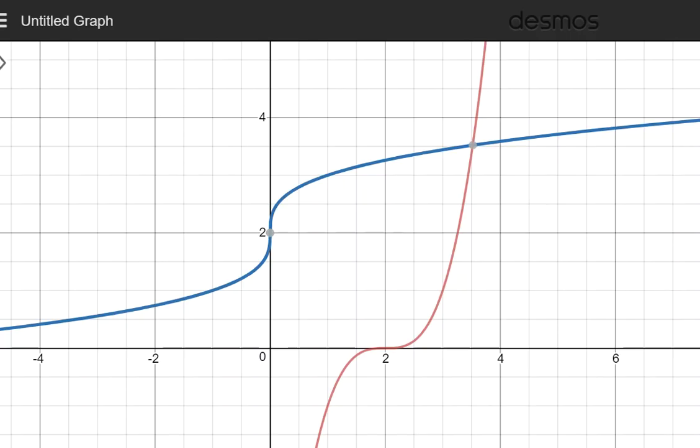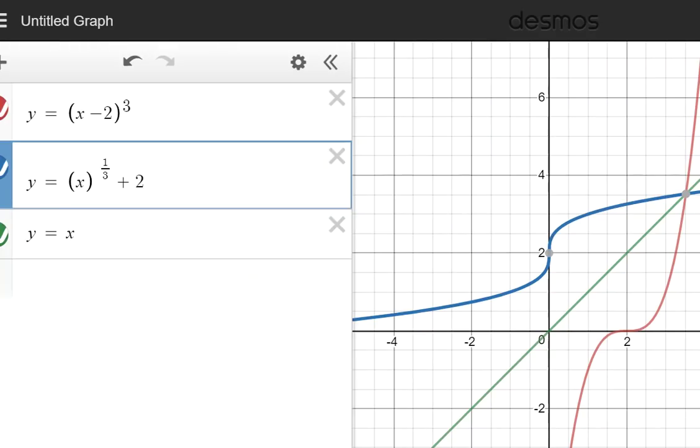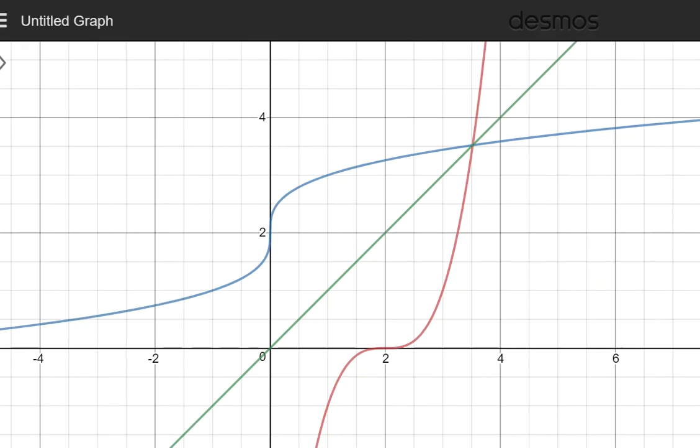And there's this symmetry that happens with both of them. Pause it for a second and think about where that symmetry happens and see if you can think about what that actual line is. So that line is y equals x. If we take a look at it, you can see it split down the middle. And there's this great symmetry that happens. This distance is the same on either side.